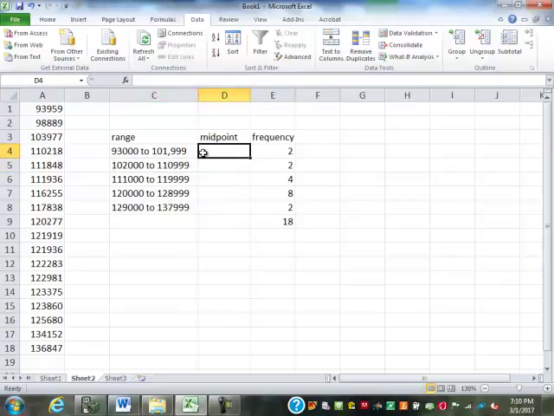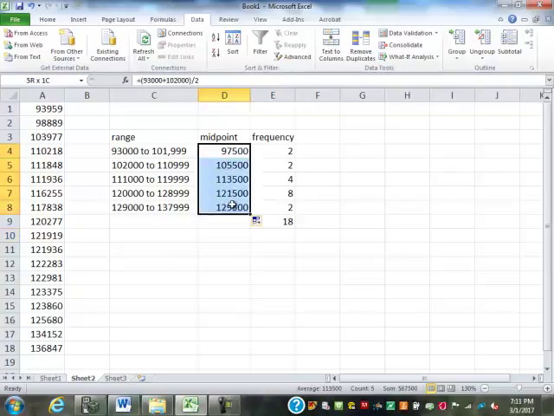So let's just do it. 93,000 plus 102,000 divided by 2. That's my midpoint, 97,500. And I do that for each of them. I just cheated there, I know. That's my midpoint for each of them.